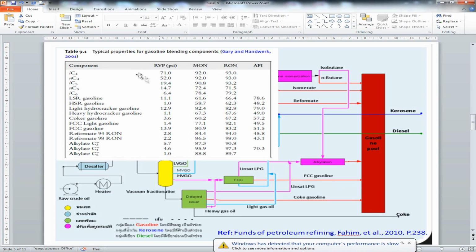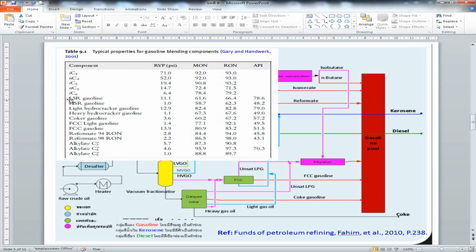Let's go to Table 9.1 in the textbook. This table lists what types of products could contribute to the final products and what their RVP and octane number are.